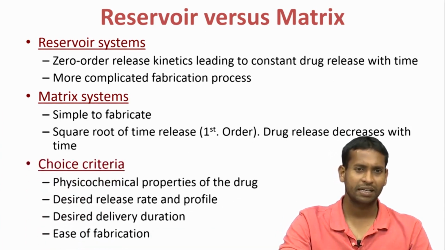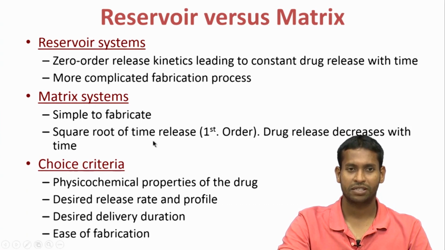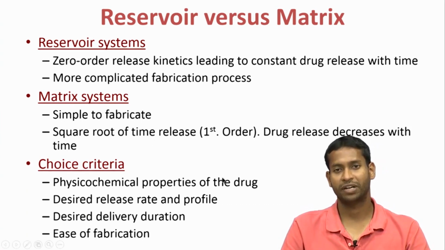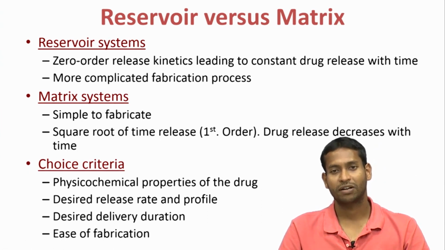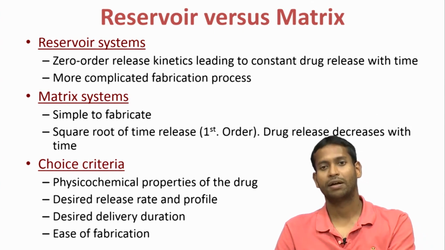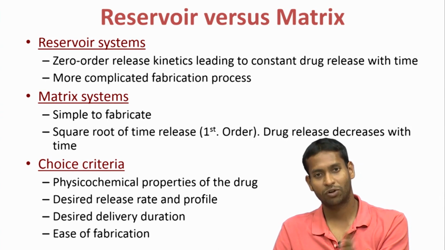So, the choice criteria just depends on what the drug is, what its physical and chemical properties are, and whether you can get the drug to be soluble enough in high amounts. If the drug cannot be loaded into the polymeric systems in high amounts, then you will have to go with the reservoir system. What is the desired release rate and profile? If you want the drug to come out fast in initial times and slow in later times, then you probably want to go with a matrix system.